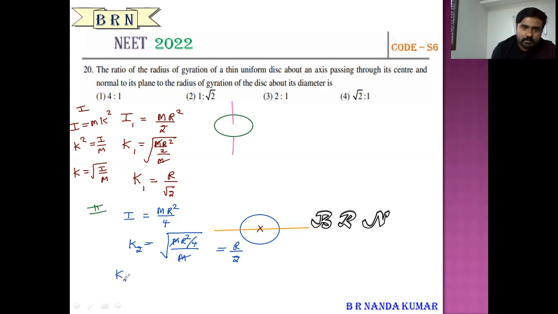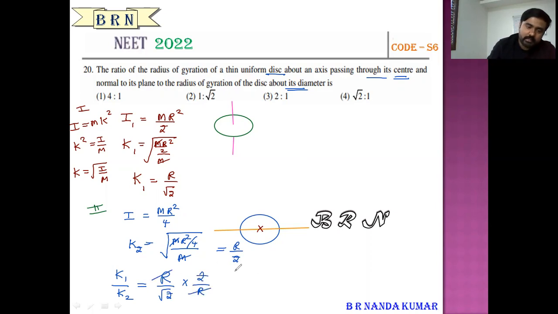k1 divided by k2. The ratio of radius of gyration of thin uniform disk about an axis passing through its center, normal to the plane, to the radius of gyration of the disk about its diameter. Okay, when the r by root 2, the reverse ಆಗಿದೆ nodi, 2 divided by r.